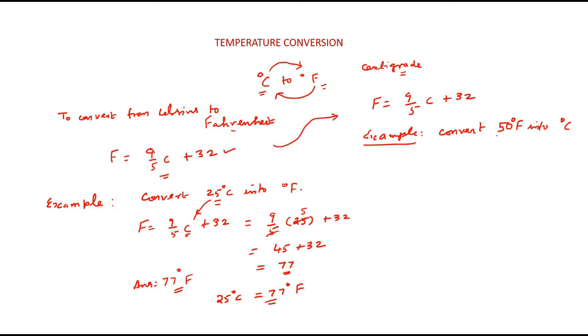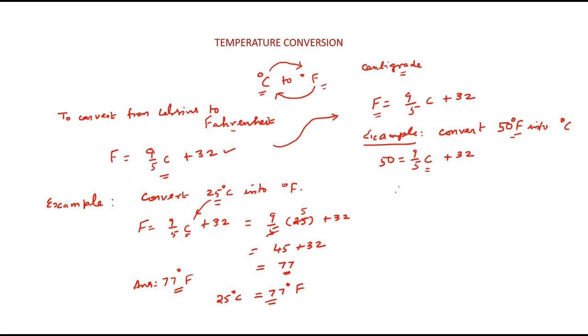How to do that? Now what is given? The Fahrenheit scale is given. So wherever F is, you substitute 50. For F, you put 50 and simplify for C. So 50 is equal to 9 by 5 into C plus 32. We want to find C.